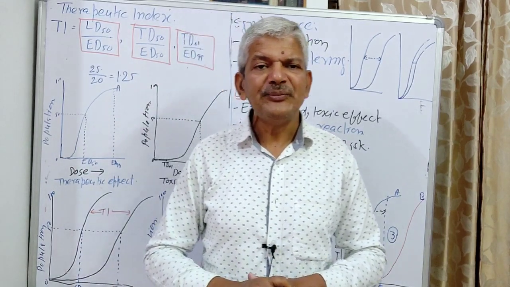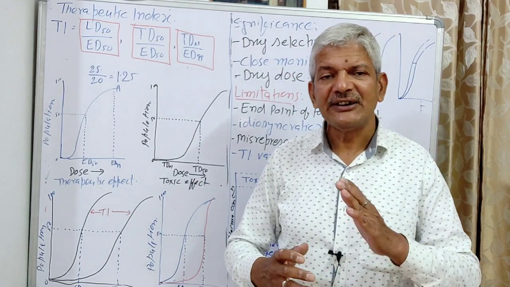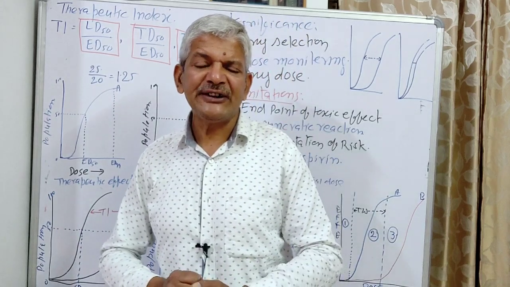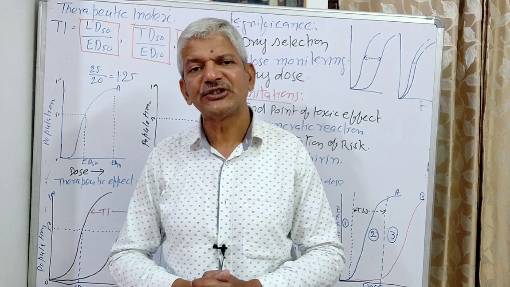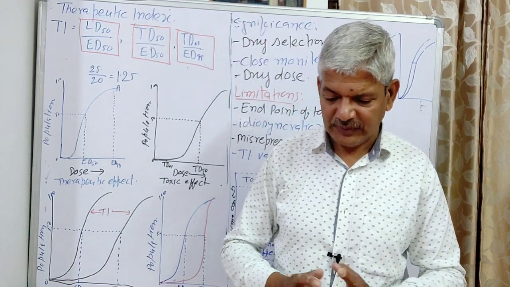LD50 stands for median lethal dose, meaning the dose that causes death of 50% of the animal population used in the experiment. That dose is called LD50 or median lethal dose.